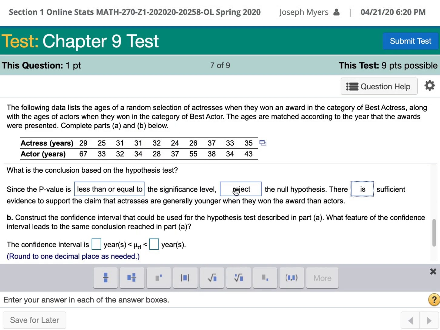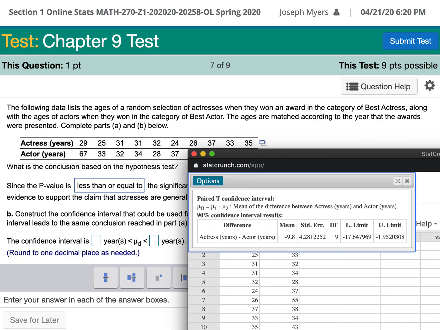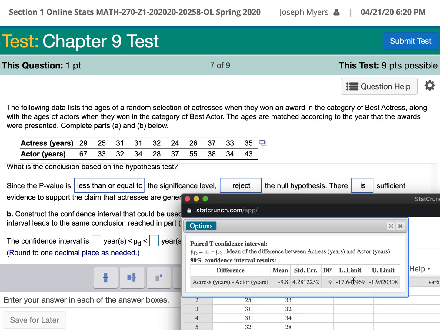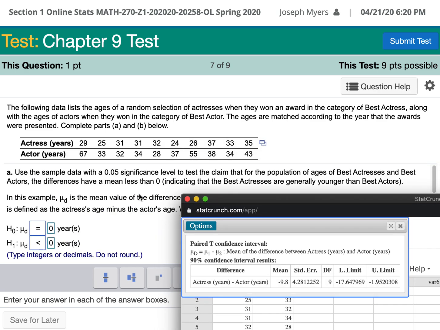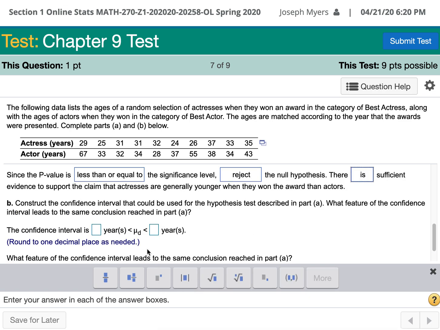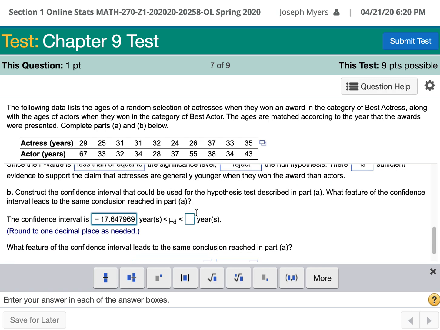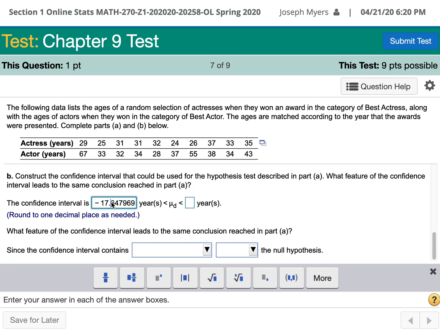Construct a confidence interval that could be used for the hypothesis test in part A. So the 90% confidence interval would be from a lower limit of -17, and round it off to 1 decimal place.